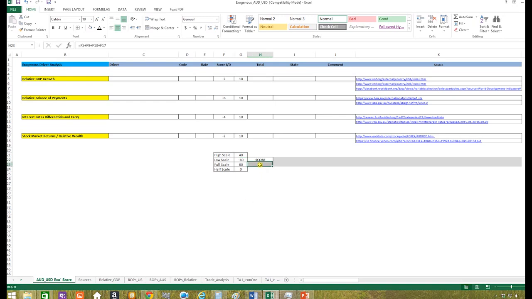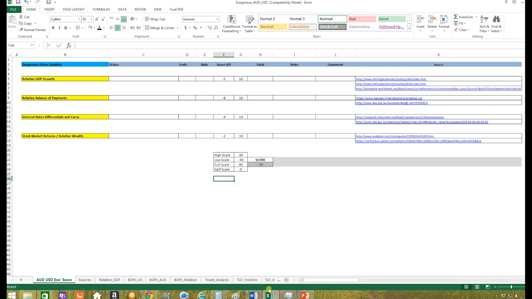Our total score is coming in at -14. So on our overall scale, we have a deflationary number, or mildly deflationary overall for Australia. So a mild short bias or fundamental predisposition of short Aussie dollar US dollar.